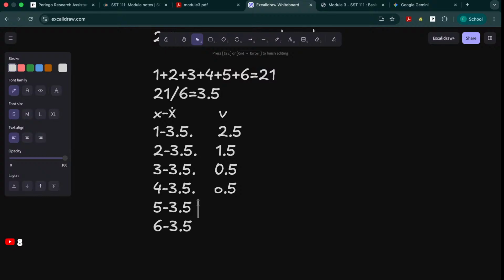So we have 5 minus 3.5, it gives us 1.5. 2.5.